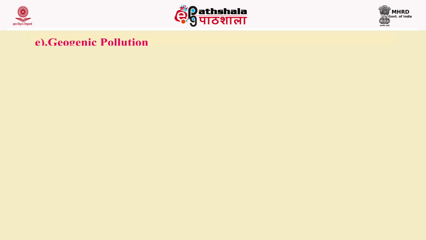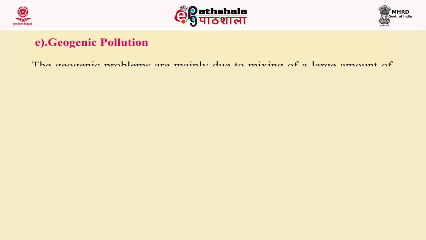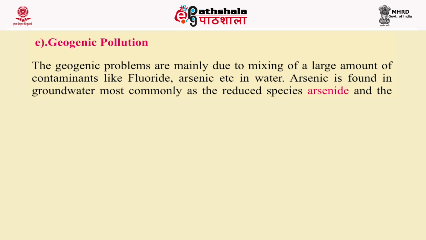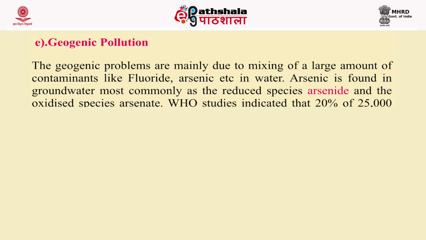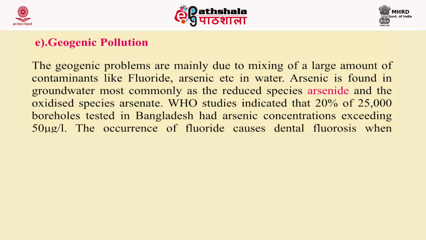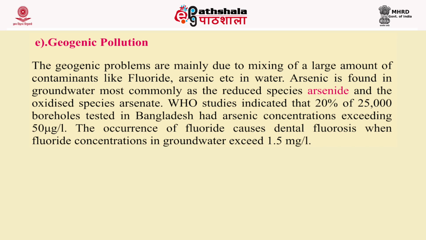Fifth factor is geogenic pollution. The geogenic problems are mainly due to mixing of a large amount of contaminants like fluoride, arsenic, etc. in water. Arsenic is found in groundwater most commonly as the reduced species arsenite and the oxidized species arsenate.